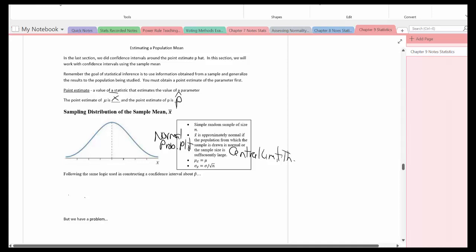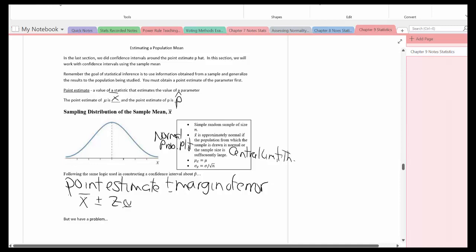Now, following the same logic from the last section, we know it's what? Point estimate plus or minus the margin of error. And that would be written as that. But we have a problem here.